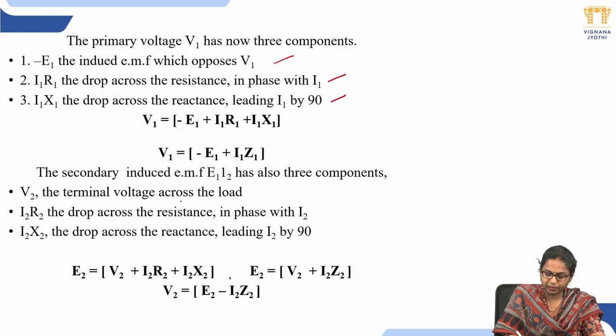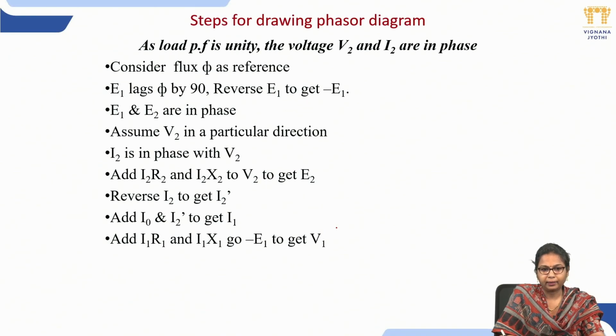V2 is the terminal voltage across the load, and the I2 R2 drop will be in phase with I2, and the I2 X2 drop across the reactance will lead I2 by 90 degrees. And these are the points to be considered for drawing the phasor diagram. Initially we have to consider the flux as reference.